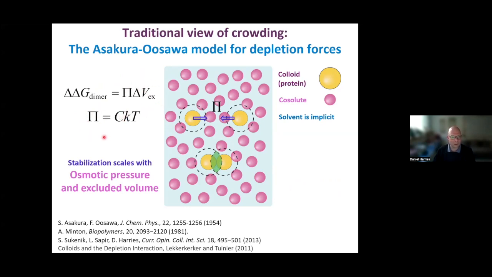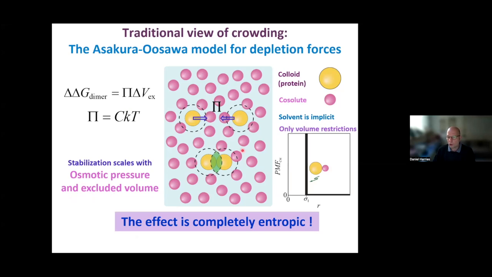And since the osmotic pressure in the Van 't Hoff limit is simply proportional to concentration, we find that stabilization should scale according to this model with osmotic pressure and excluded volume. Moreover, because there are only volume restrictions in this model, the effect is completely entropic. And so we should not expect any enthalpy to be part of this process of compaction.